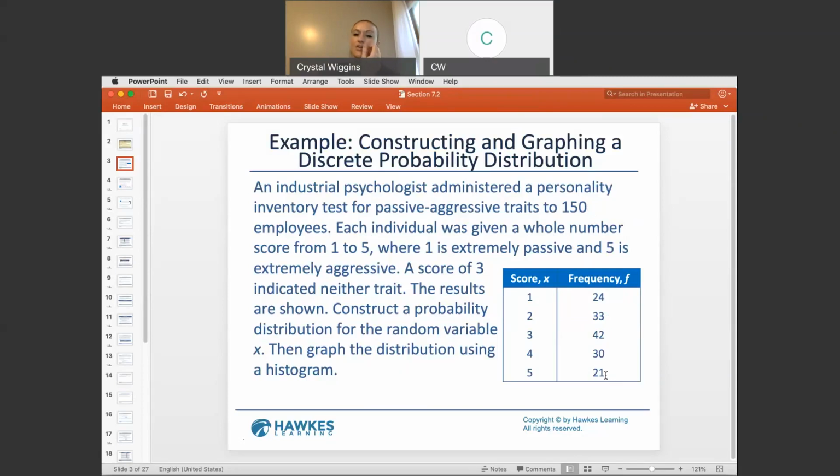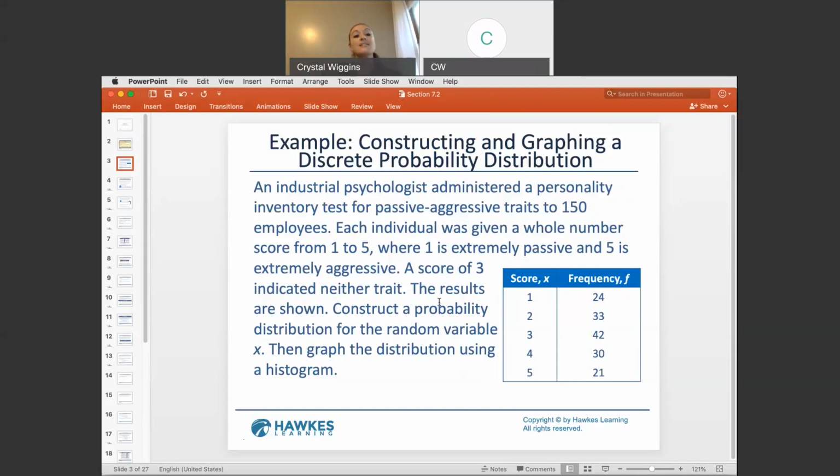So think about this: if you were owning a company and you wanted to make sure you had a well-balanced company running, you would want to make sure that you don't have more aggressive people than anyone else, because that might create a hostile working environment. We also don't want an overabundance of extremely passive people, because it's possible not a lot of work will get done. So a good distribution, evenly distributed amongst them, is usually the best mix.